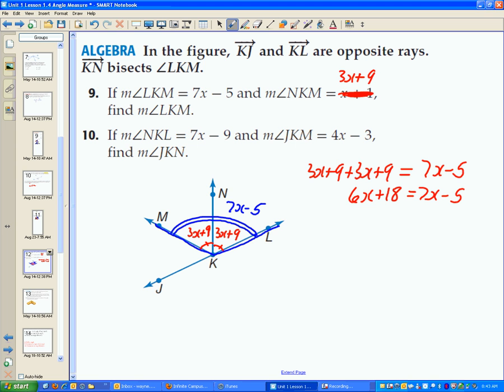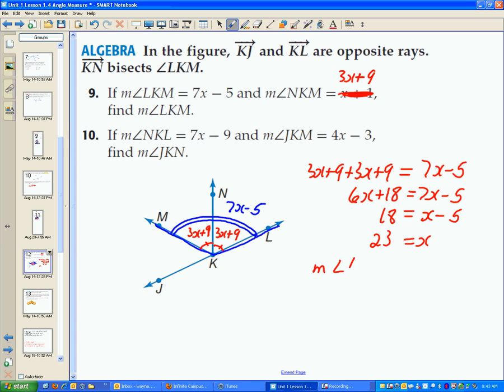When I subtract 6x from the left, I get 18 left over. When I subtract 6x from the right, I get x minus 5. Now all I've got to do is add 5 to both sides. And what does x equal? 23.